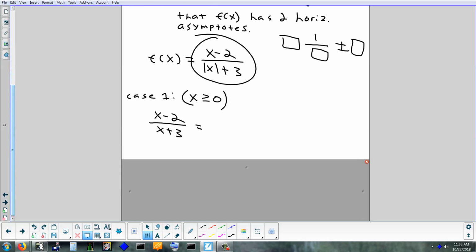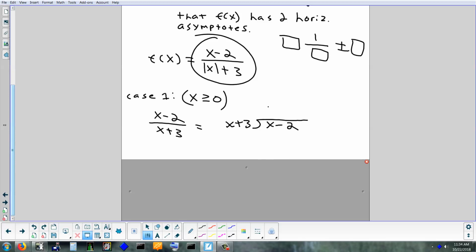It's such a short problem, whether you use long division or synthetic division, it doesn't really matter. So we'll do x plus 3 divided into x minus 2. And again, I don't care which type of division you use.